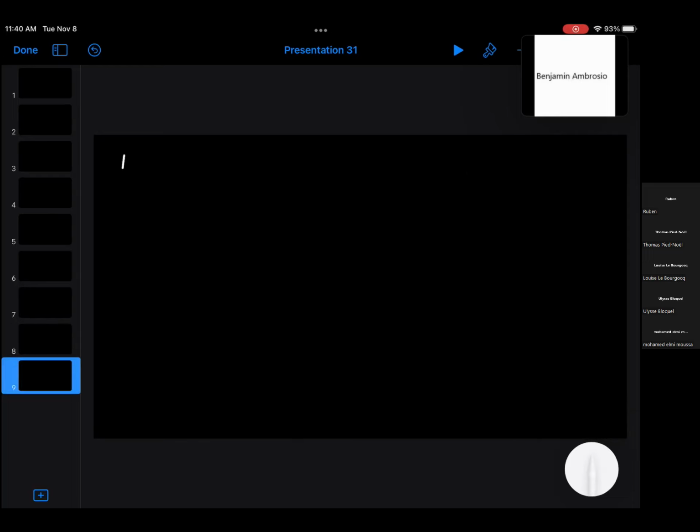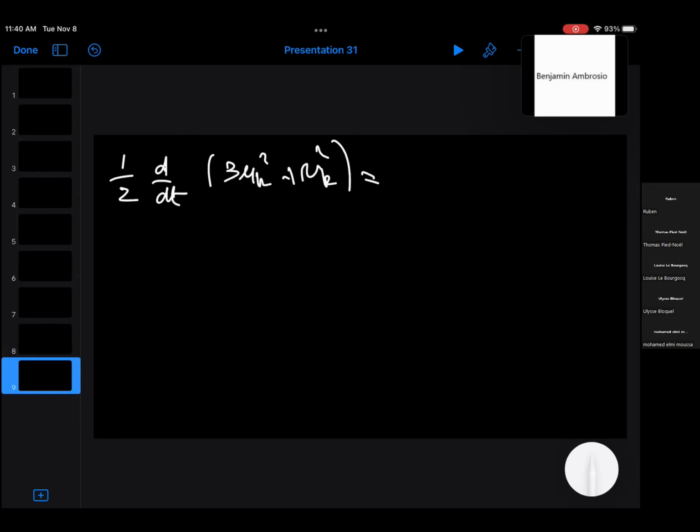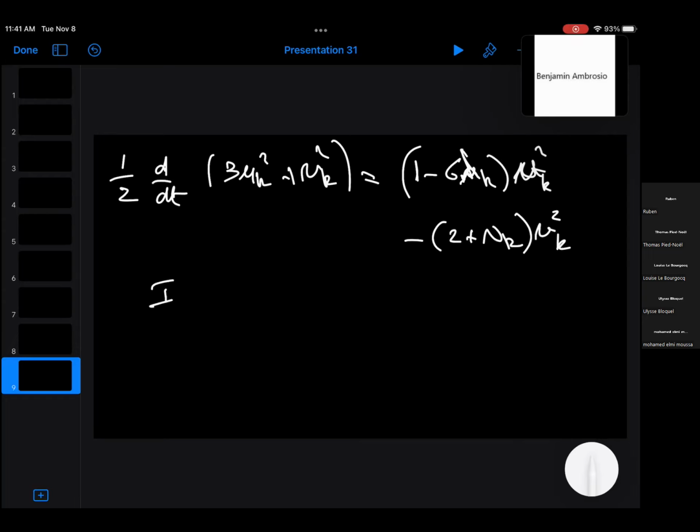So if I look at 1 divided by 2 dt of 3 UK square plus VK square, I will get lambda K. And now here I have a result if sigma lambda K is greater than 1, then from that I can have my result.